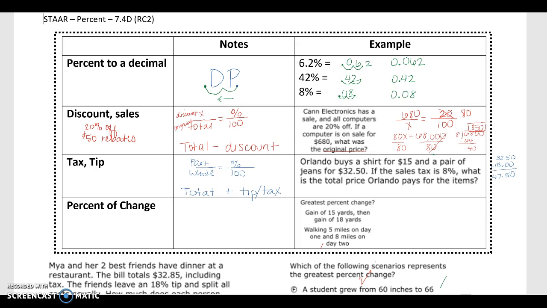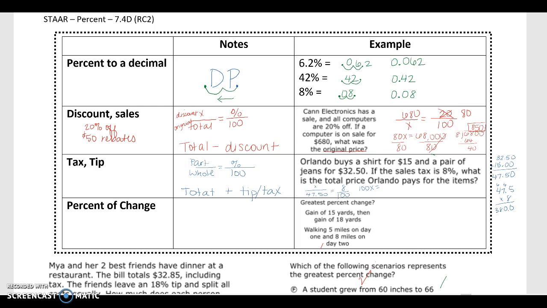So I'm going to set up my proportion because I need the part. That's my total, right? $47.50 is the total he's paying. And I have to pay 8% of that for tax. So 8 over 100. So I have 100x equals 47.5 times 8. 5 times 8 is 40. 7 times 8 is 56. 60. 32. 38.